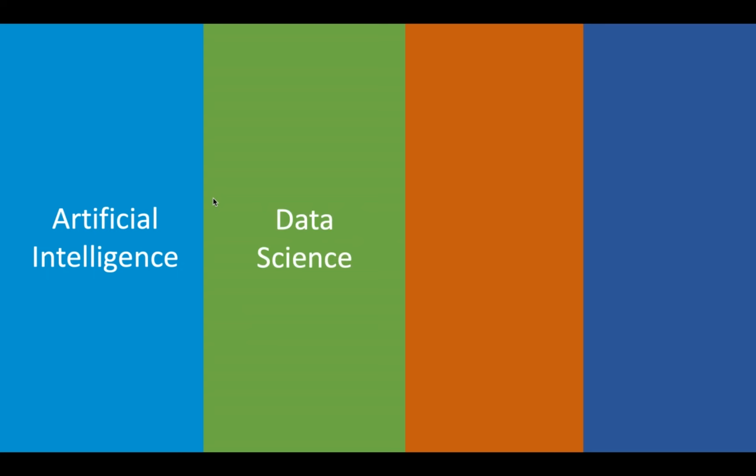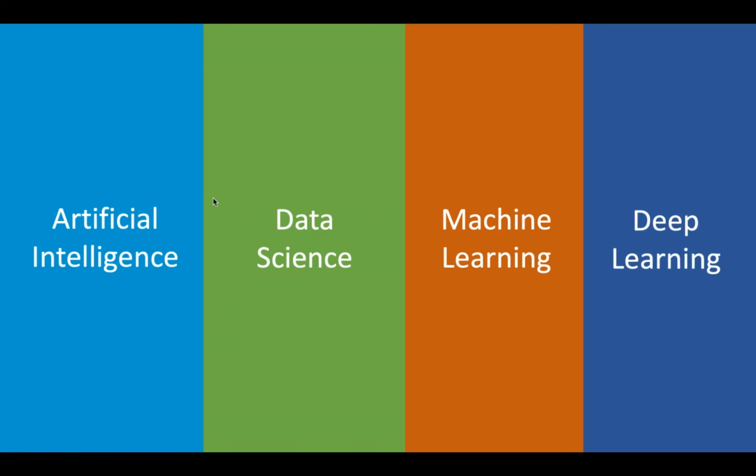So, talking about the confusions, I'll tell you what the major confusions around the terminologies are. The first is artificial intelligence. The second point is data science. The third point, machine learning. And the fourth point, deep learning. These are the key terminologies where most people find difficulties in understanding.